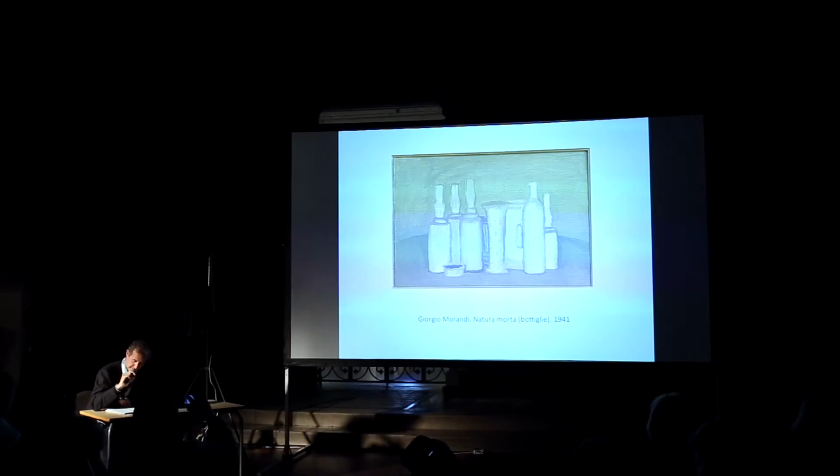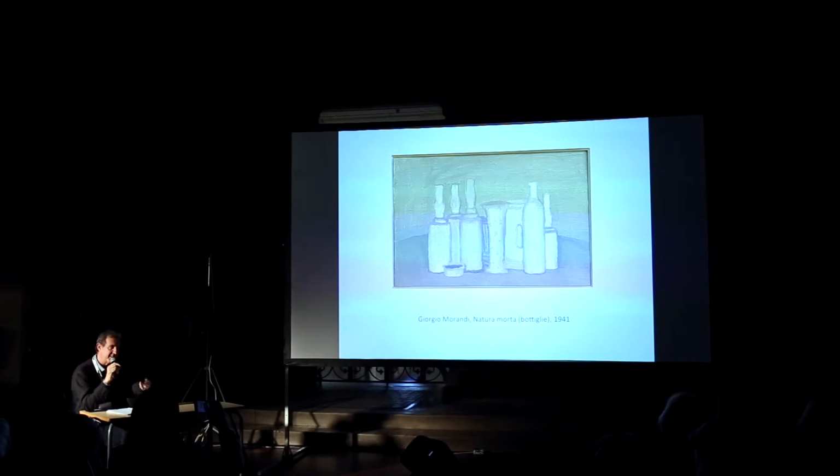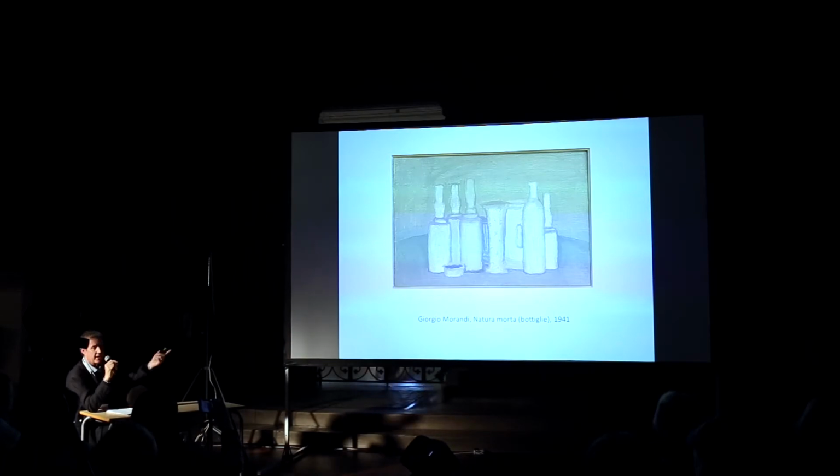So from the fragments, from the death of the author, from questioning the role of the artist, here we come to another master of Italian art, which is Giorgio Morandi, who for all his life had a direct relation with one of the most important genres of the history of art, which is the natura morta, of course.